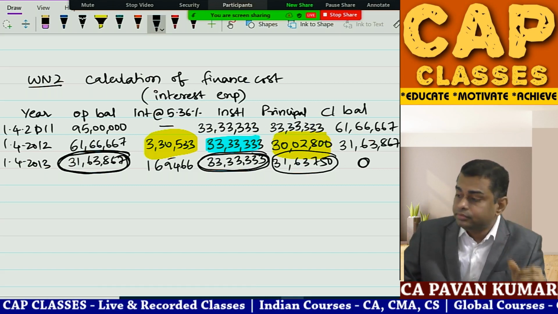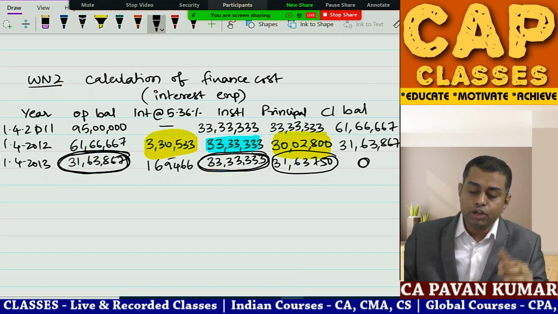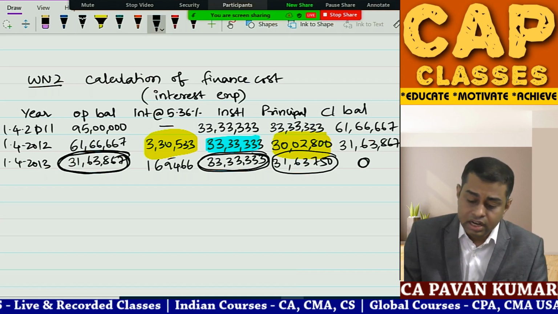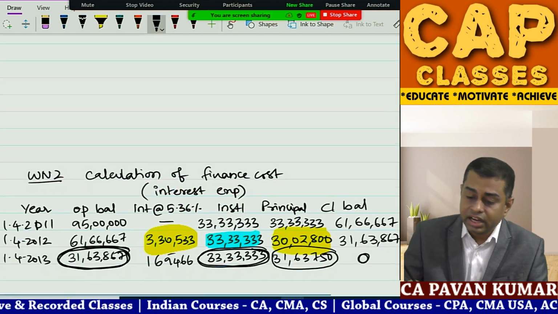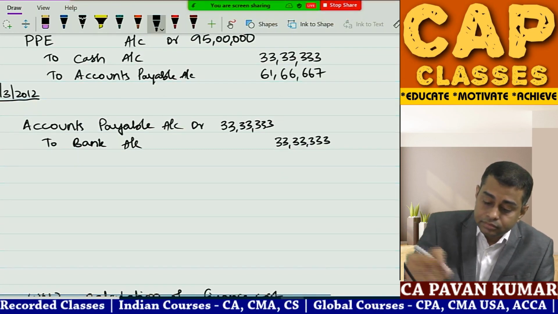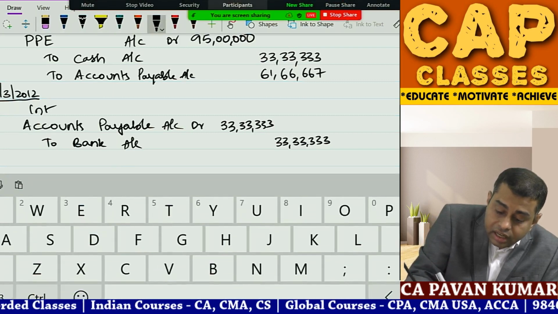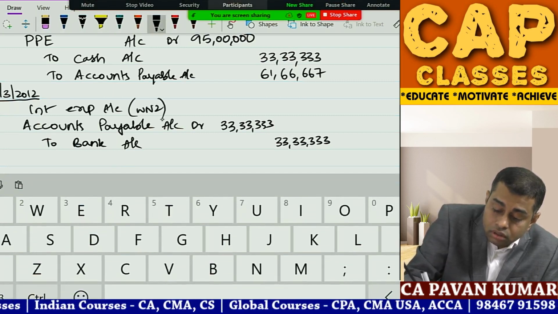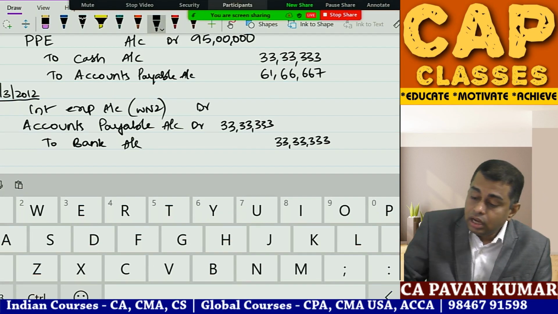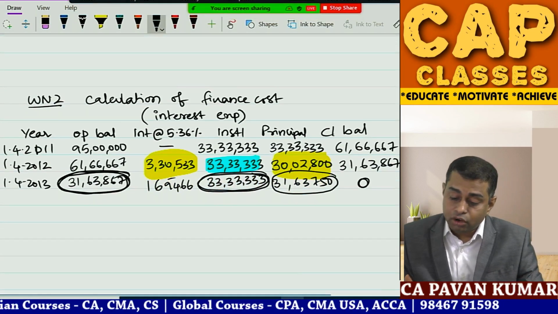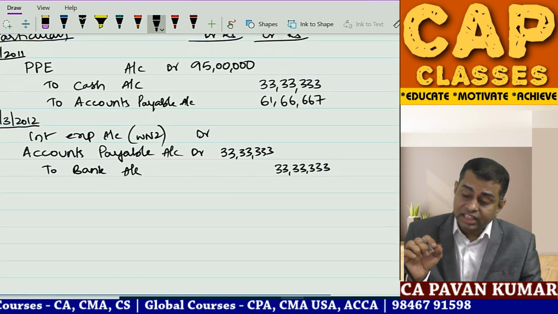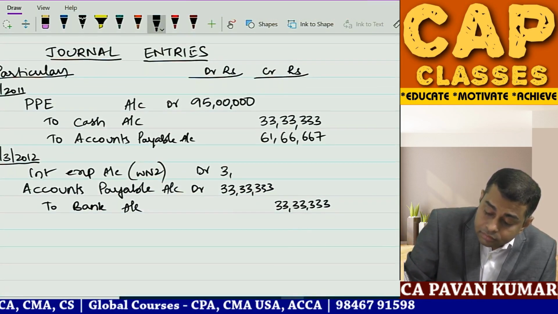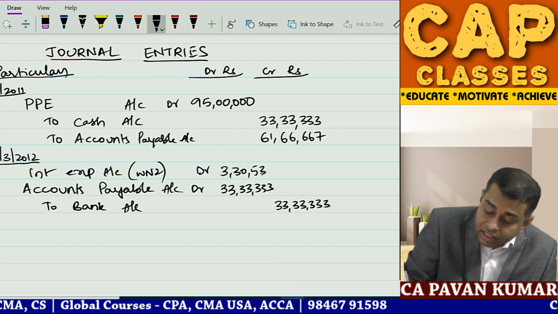That's all. Okay. Now go back to your journal entries and write down the second journal entry. Interest expense account debit, working note 2. How much is interest expense as per our working note? 3,30,533.